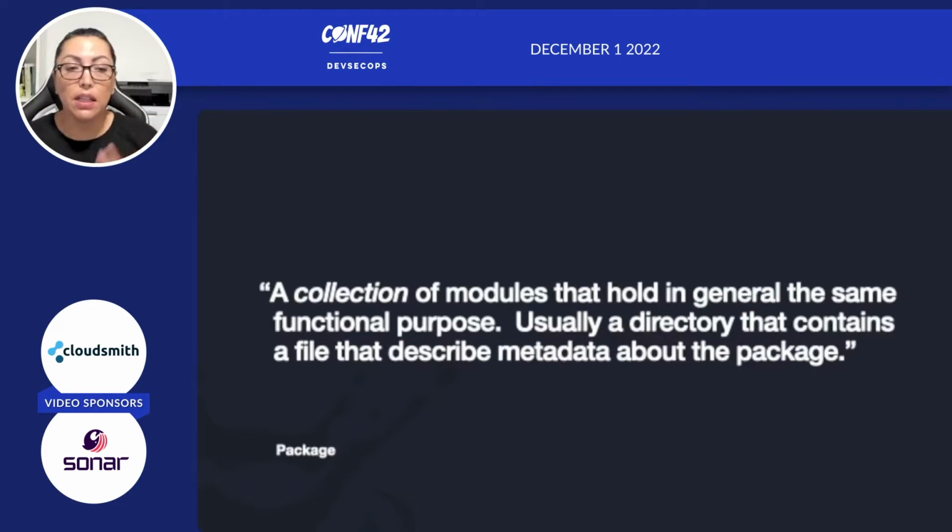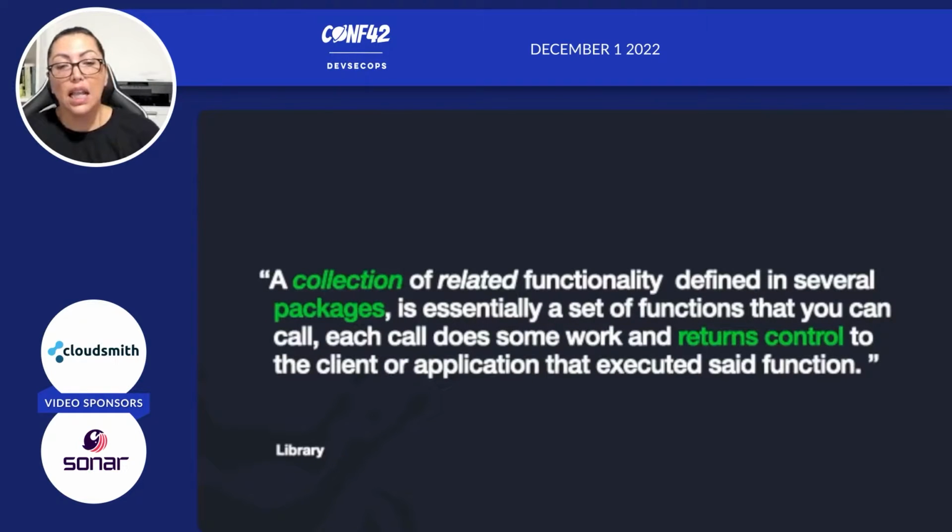And finally, packages. Packages are a collection of modules that hold in general the same functionality type. For example, if you're thinking about JavaScript, it's usually a directory that can contain a file that describes the metadata about the package. And by aggregating this, the authors make it easy to remove or to add a specific set of functionality. And finally, a library.